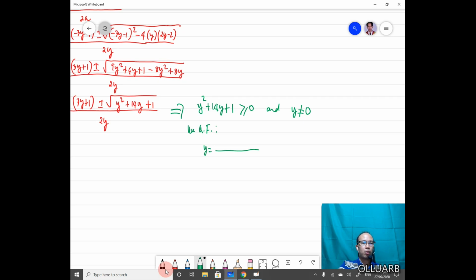Again, we solve for y, so our variable here is y. Negative 14 plus or minus the square root of 14 squared minus 4ac. Your a is 1, your c is 1 also.